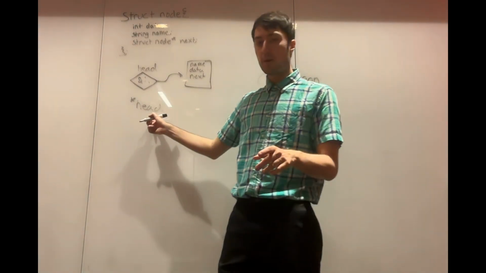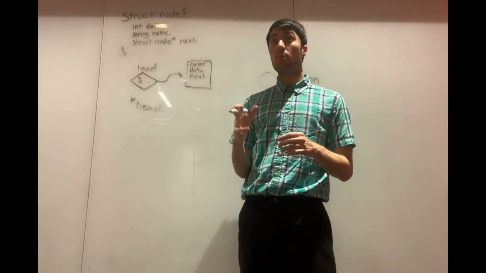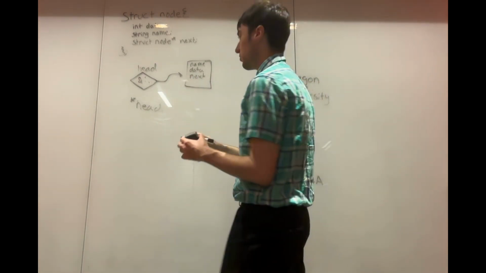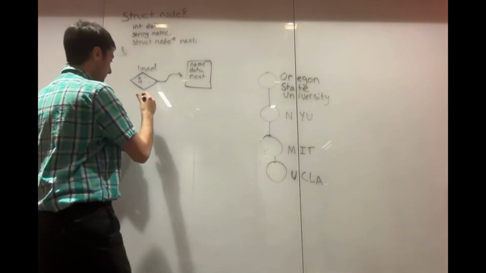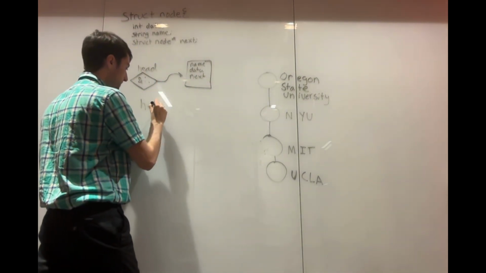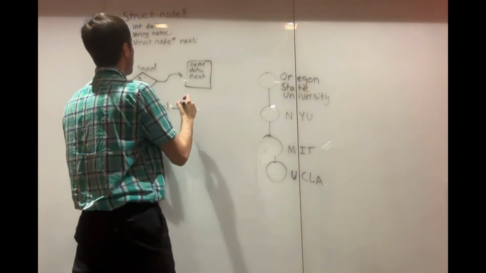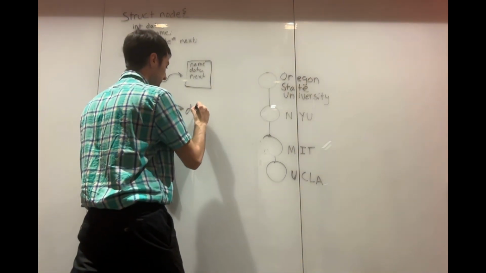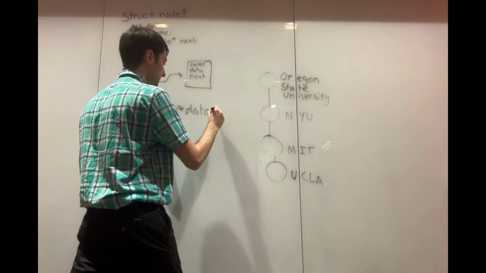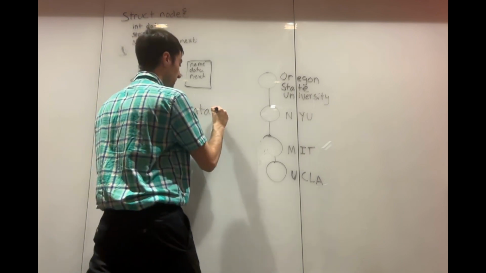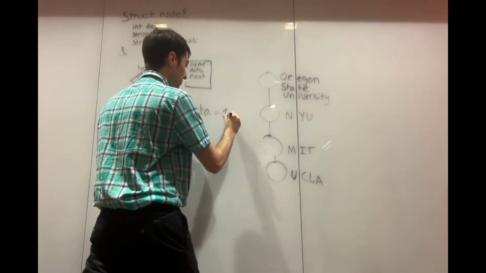Now, do you remember I talked in my video about pointers about the arrow operator? So let's revisit that as well. Head, and then arrow, and then data, let's say equals number 1.